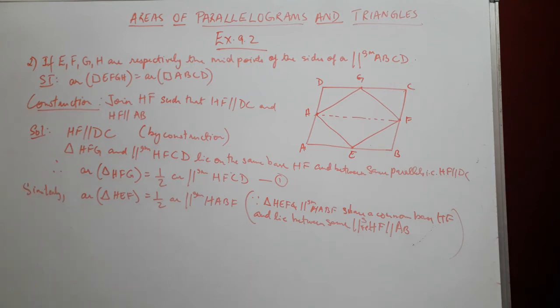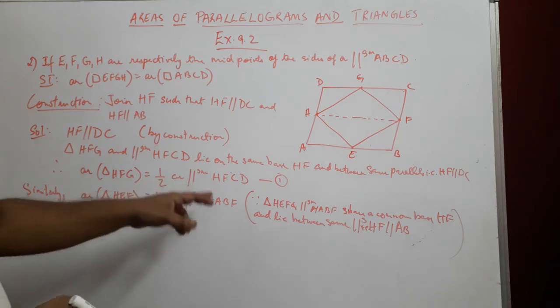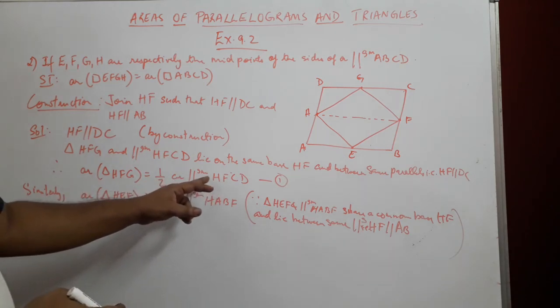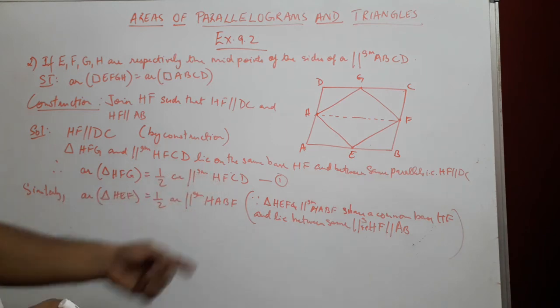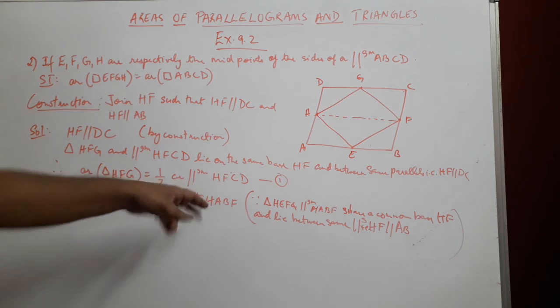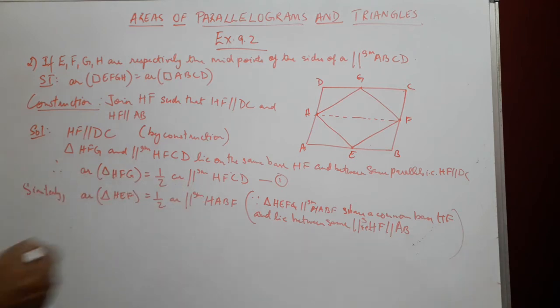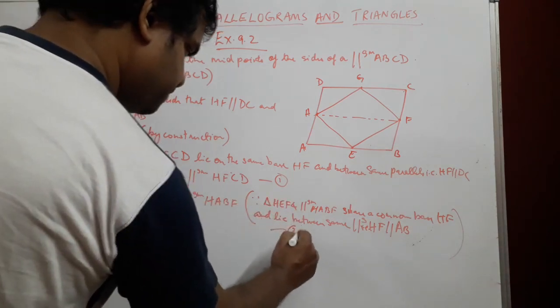Or conversely, the area of the parallelogram is twice the area of the triangle. But this relationship is good because we are interested in getting the area of one quadrilateral equal to the area of the other. We'll mark this as 2.